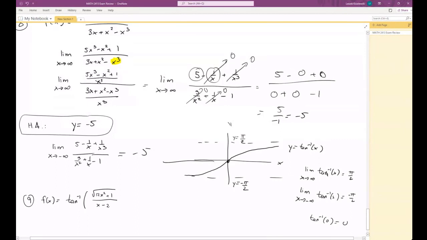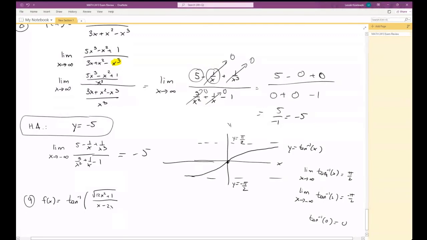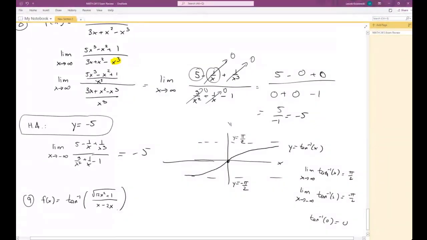What do I get? It doesn't make sense. I wrote something and I don't know what it is. One second. Oh, okay, 2x. Okay. And let's use this. This doesn't matter. Beautiful.